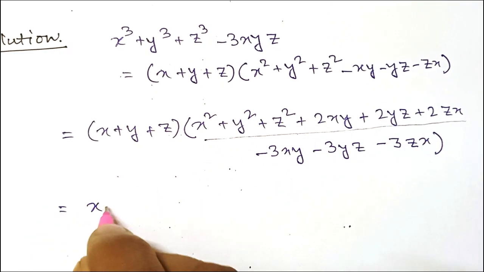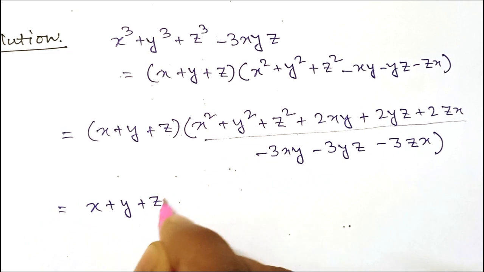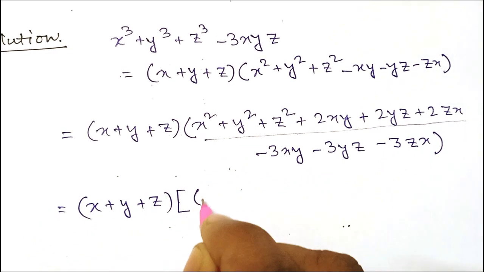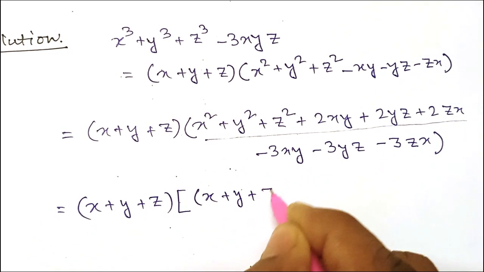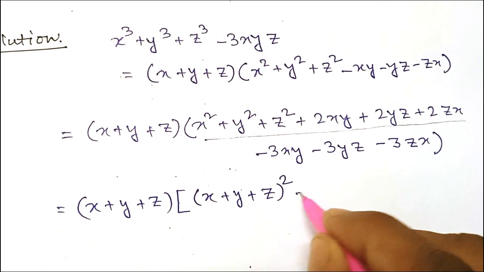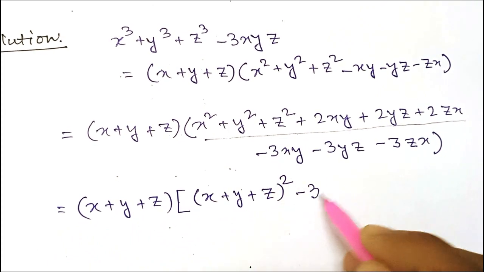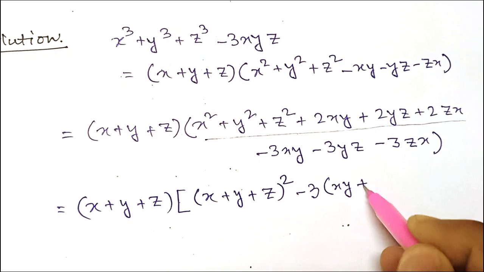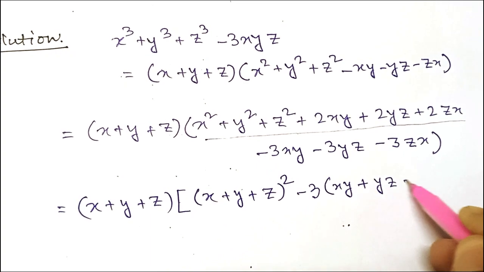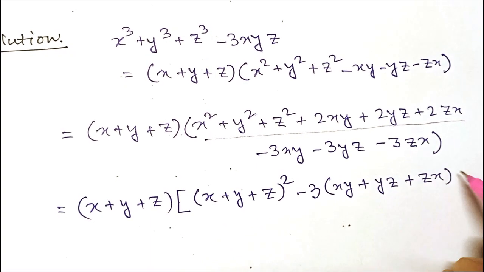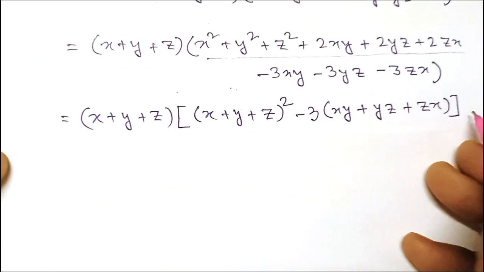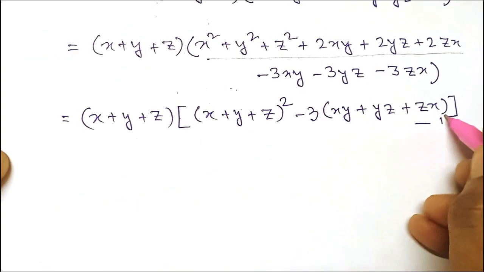So let us rewrite the equation like that. This will be x plus y plus z whole square, and we take minus 3 common here, so inside there will be xy plus yz plus zx. Let us call this equation 1.